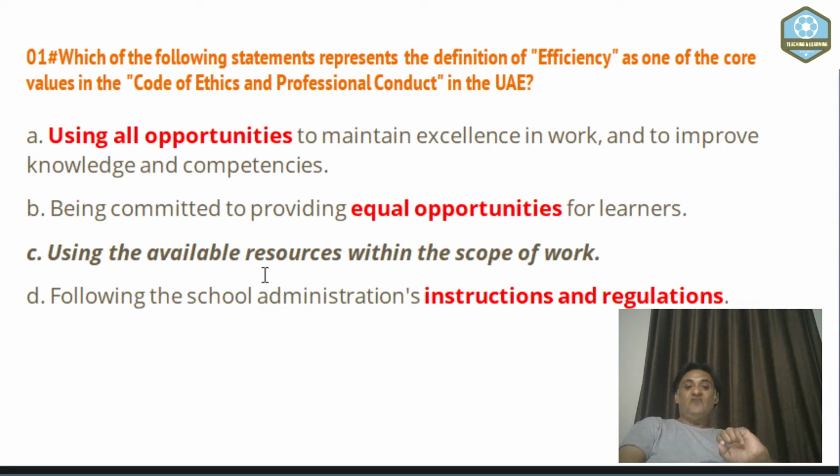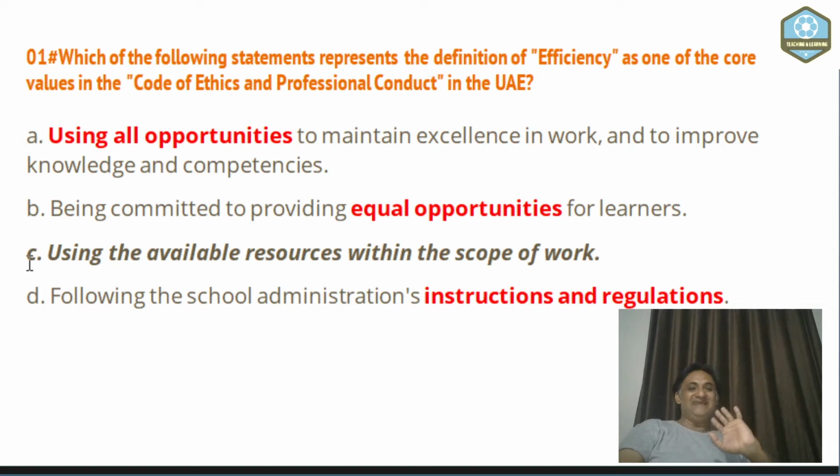D, following the school's administration, doesn't make sense. What is the connection between efficiency and administration instructions? If you are following someone's instructions, doing what benchmarks they have set, yes, these two answers, B and D, don't make sense.